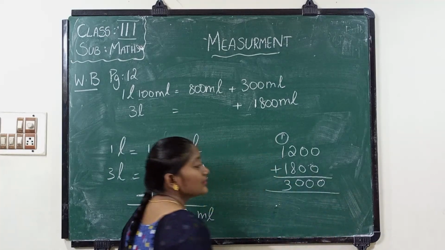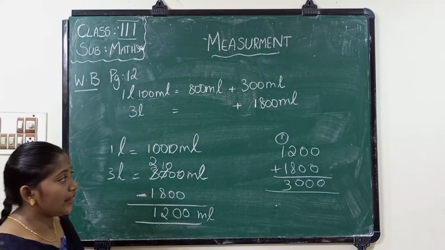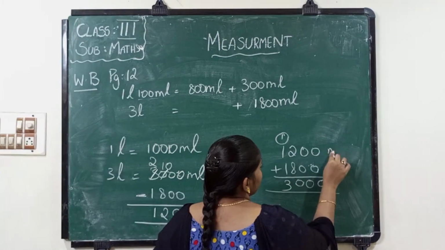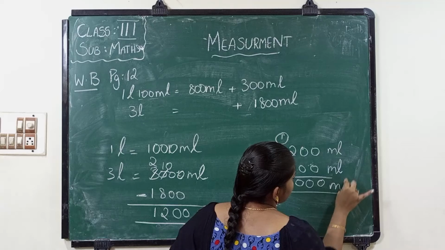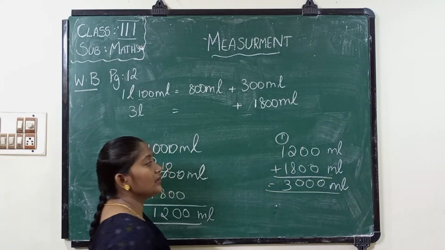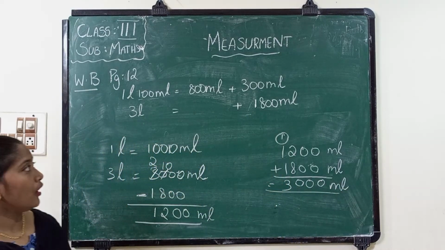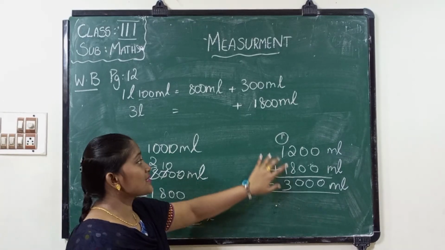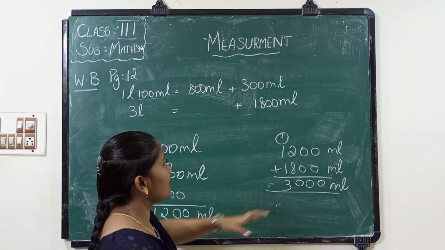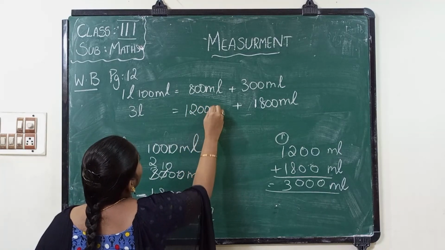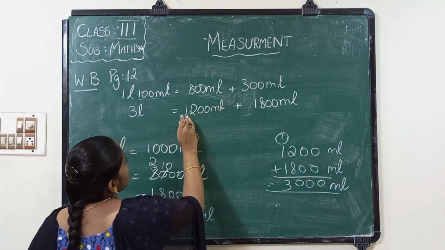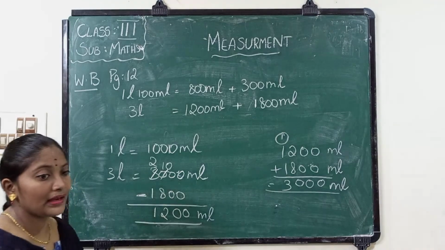What did we get? 3000 ml. We can write 3000 ml as 1200 ml plus 1800 ml. So here we have to write 1200 ml.